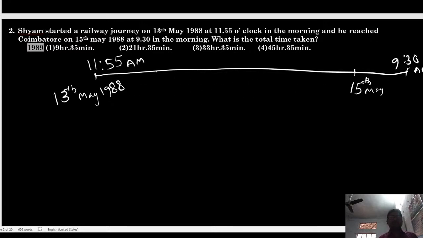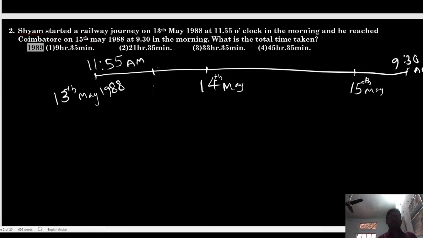So in this middle, after 11:55 AM on 14th May, we have 12 noon, and then up to the midnight we have 12 midnight.